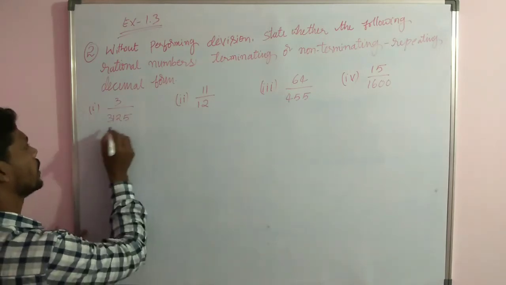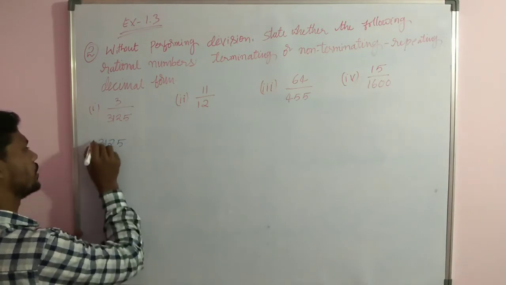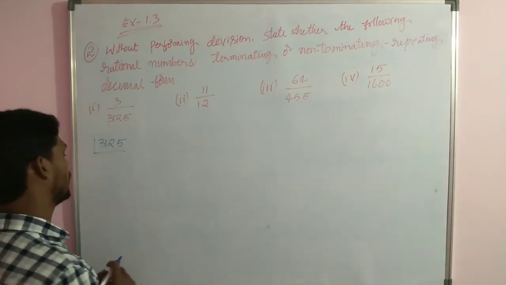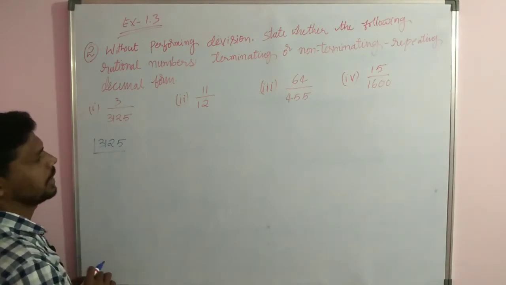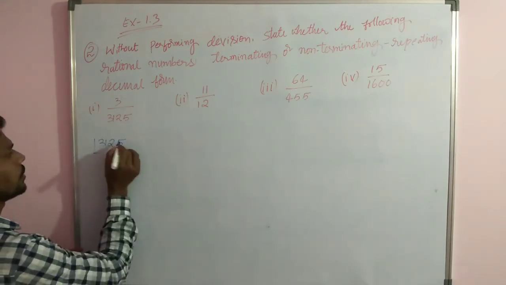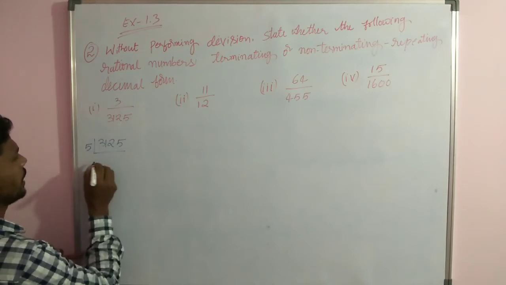If 3125 can be written in the form of 2 powers and 5 powers, then it is terminating, otherwise non-terminating repeating decimal. The units place is 5, so we can divide in the 5 table.